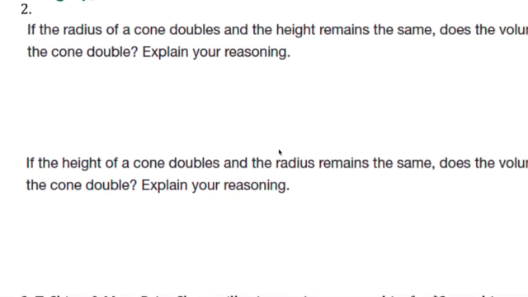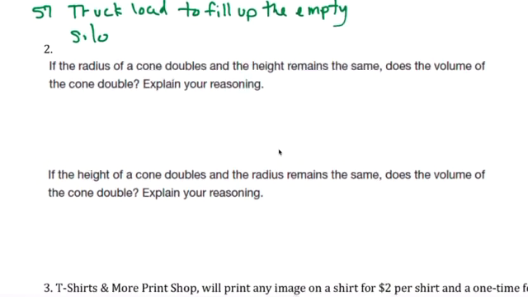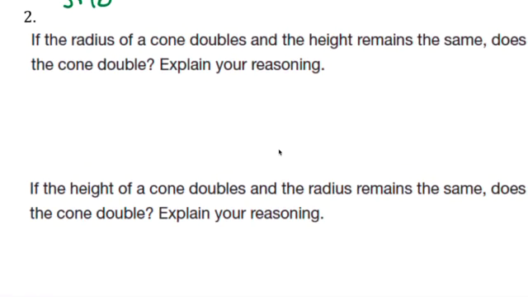If the radius of a cone doubles and the height remains the same, does the volume of the cone double? Explain your reasoning. Okay, so that means you make up a cone, your first initial cone. Let's make it easier on ourselves. Use small numbers.